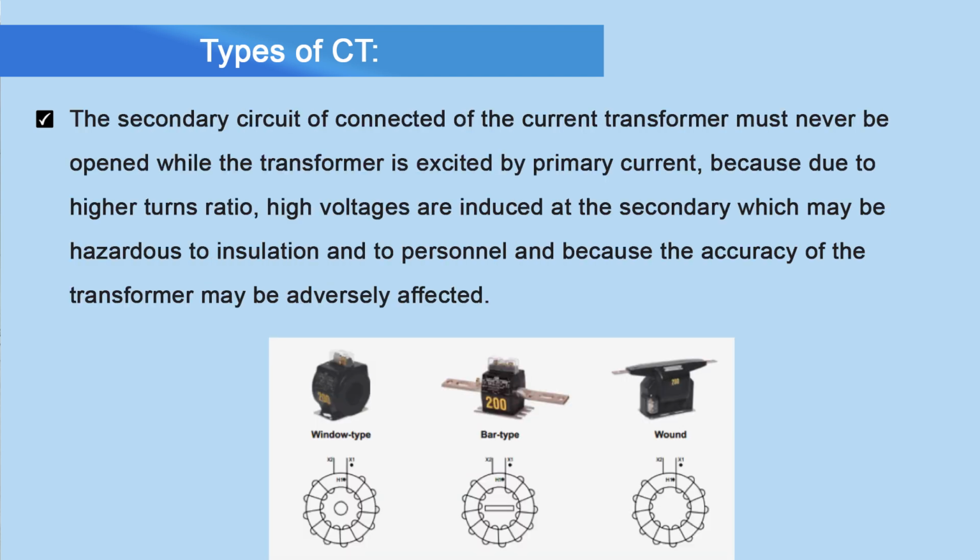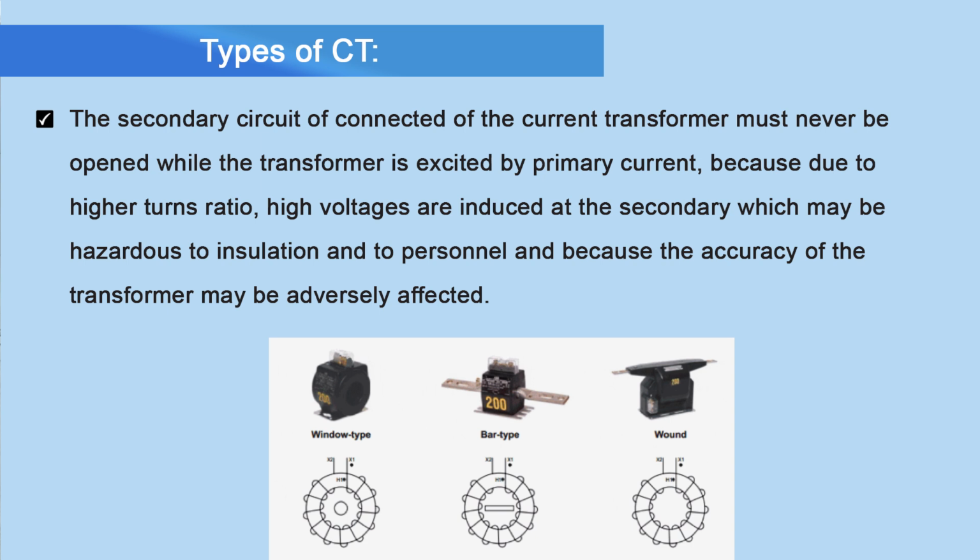Now, the secondary circuit of the current transformer must never be opened while the transformer is excited by primary current. A protection is required for the secondary side of the CT, so that it is never operated in an open circuited condition. Why is this required?